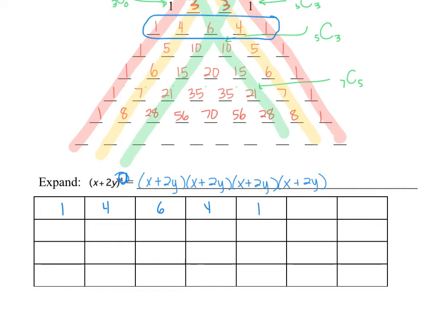Next, I'm going to take the terms of my polynomial, my binomial expansion, which are x and 2y. And I'm going to fill those in this chart in parentheses all the way across. And then 2y would go underneath it.